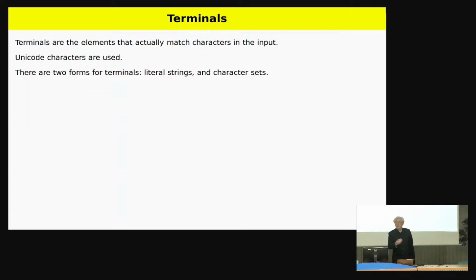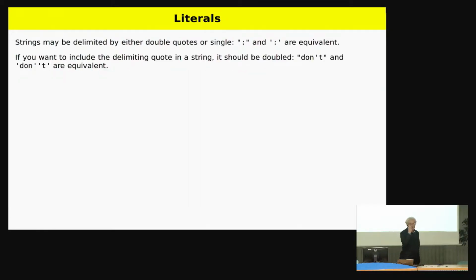Terminals are the elements that match up with characters in the input. So we use Unicode characters for that. And there are two forms for terminals, either literal strings or character sets. Literal strings are the simplest. You can enclose them with single or double quotes, and if you want to include the delimiting quote in the string, then you just double it.